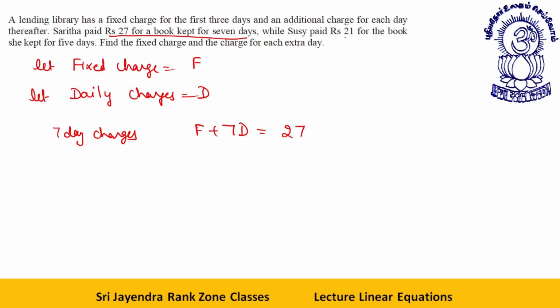While Susie paid rupees 21 for the book she kept for 5 days. 5 day charges will be F plus 5D, that is equal to 21.